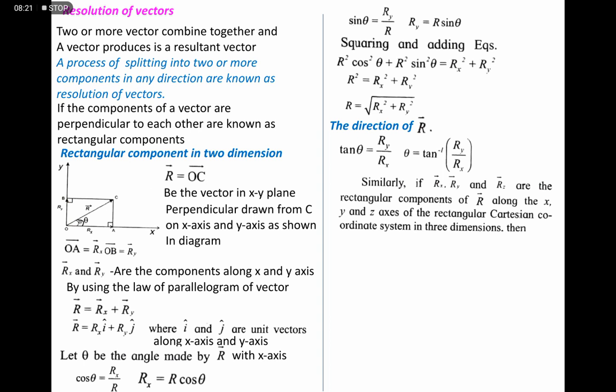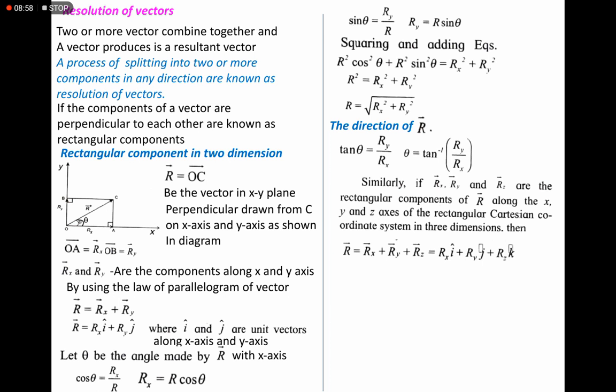If the vector is in the Cartesian coordinate system, then the magnitude of the resultant vector R bar we will find in the same way as in two dimensions.